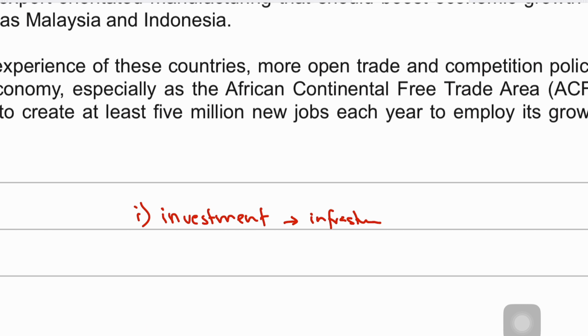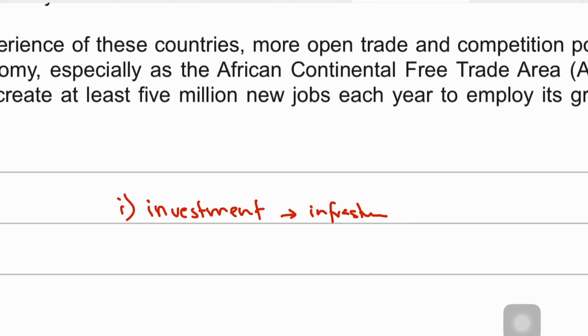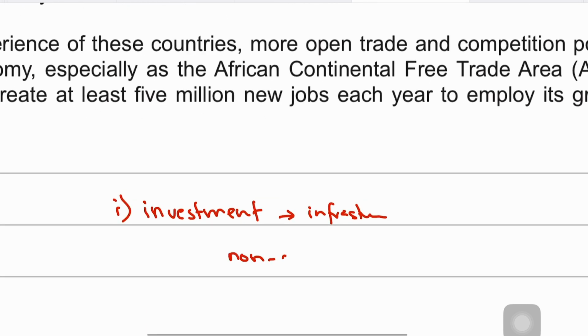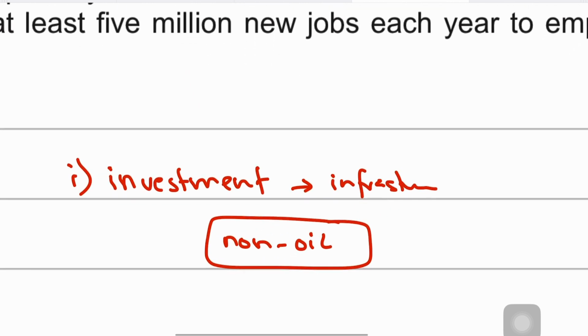It will help attract foreign direct investment, and the growth of multinationals, that is investment by multinationals, which will facilitate growth of non-oil industries. So FDI and multinational investment would help facilitate growth of non-oil industries in the Nigerian economy. So you need to link how the diversification will take place.